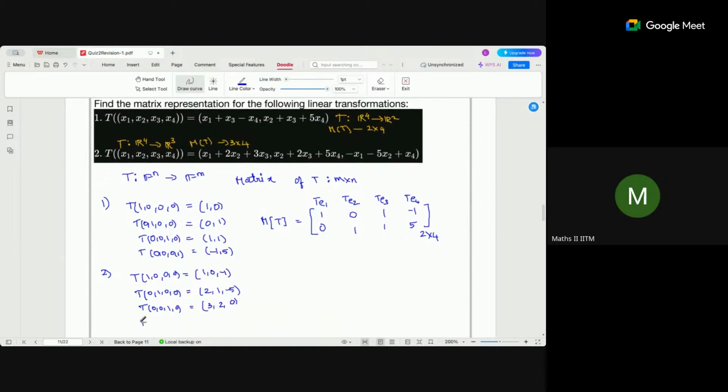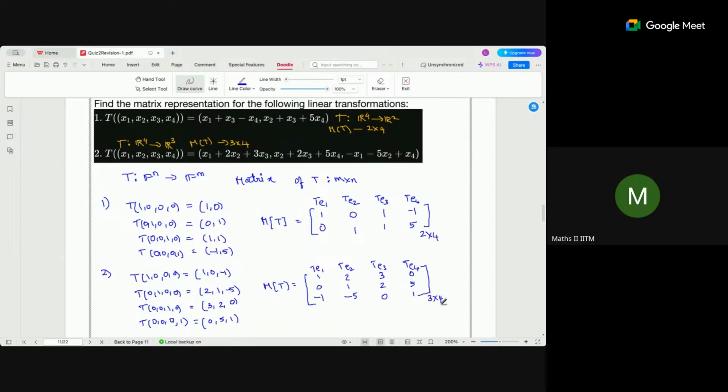What about the last one, T of 0, 0, 0, 1? 0, 5 and 1. So your matrix of T, with columns Te1, Te2, Te3, Te4, has columns 1, 0, -1; 2, 1, -5; 3, 2, 0; 0, 5, 1. So you have a matrix of size 3 by 4.